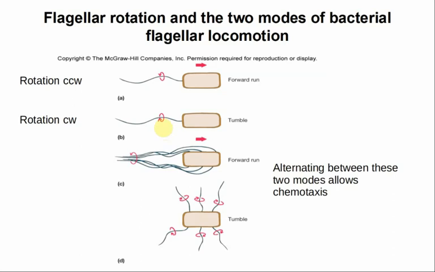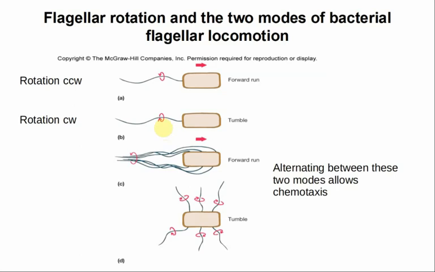So in a peritrichous bacterium, all the flagella rotate either in a counterclockwise sense or they all rotate in a clockwise sense. If they're all rotating in a counterclockwise sense, it's going to move forwards. If they're all rotating in a clockwise sense, the whole thing is just going to tumble around randomly.